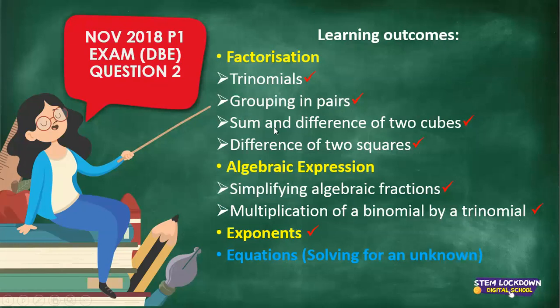We saw the sum and the difference of two cubes. We have dealt with difference of two squares. We also looked at the algebraic expression, right? We did lots and lots of simplifying algebraic fractions. Then we did the multiplication of a binomial by a trinomial. Guys, remember a binomial is when you've got two terms, and you multiply them with three terms. It's the one that we did for the past 2 days.